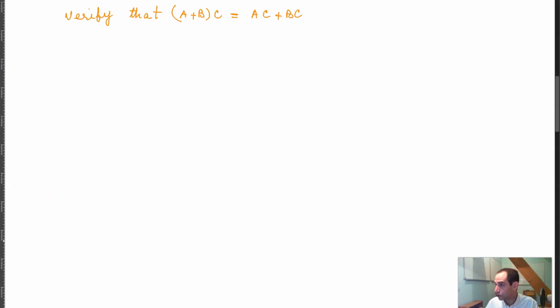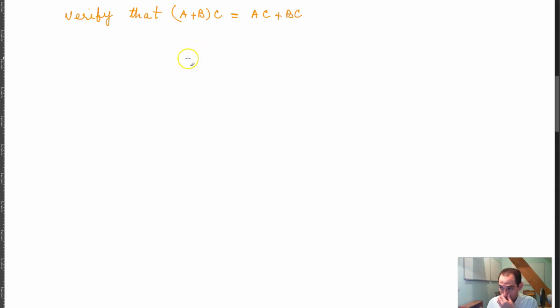This situation has been called, in this text, the distributive law. Of course, multiplication of matrices is not commutative, that we know.